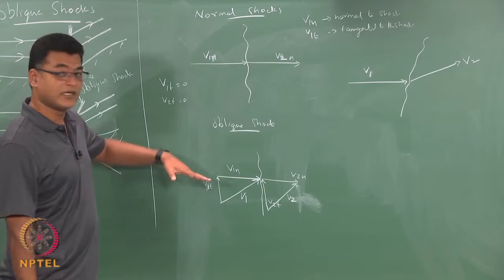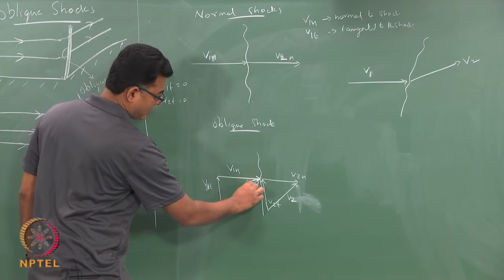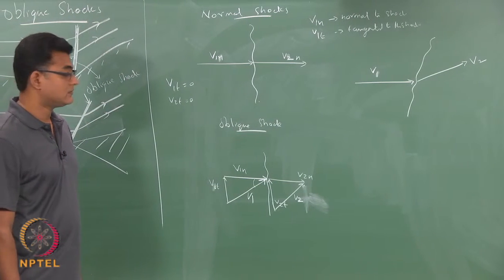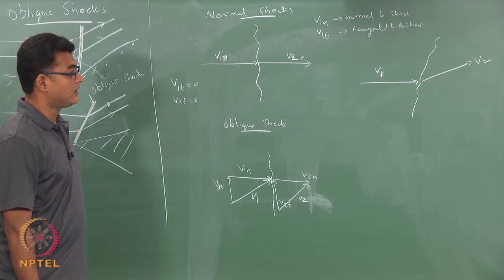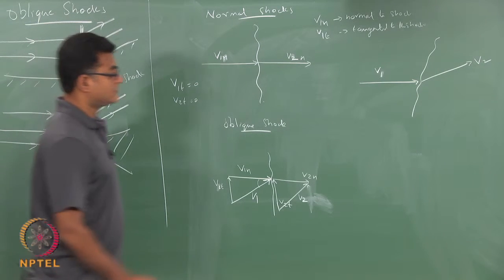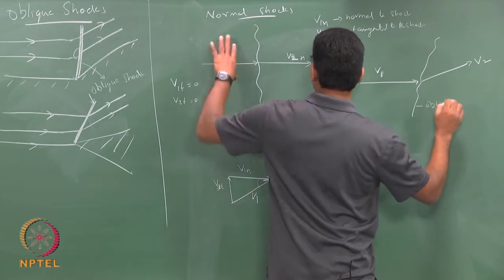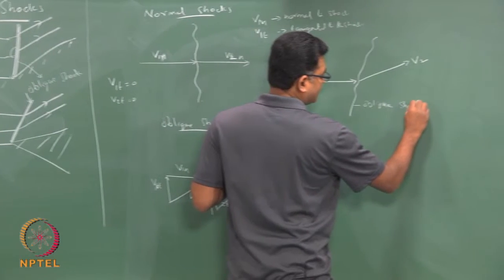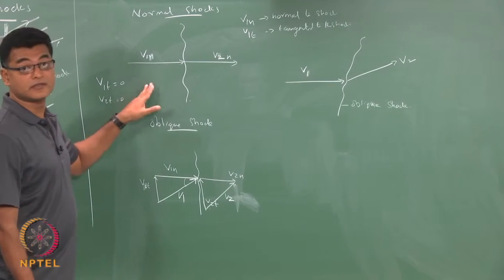I have just rotated my coordinates by this angle, and this is my oblique shock. So all I have done is added a tangential component to what we have already studied. That's all I have done.